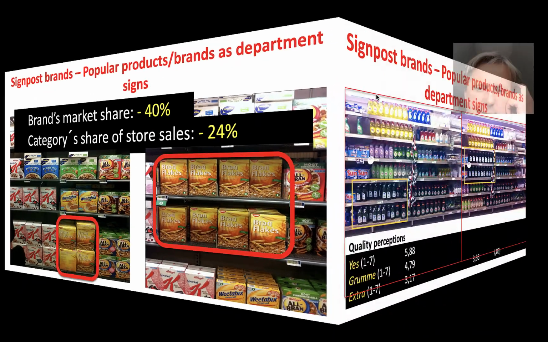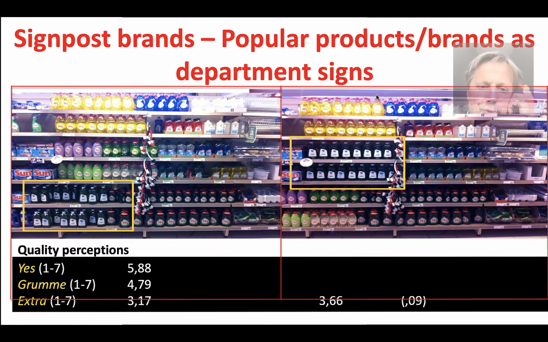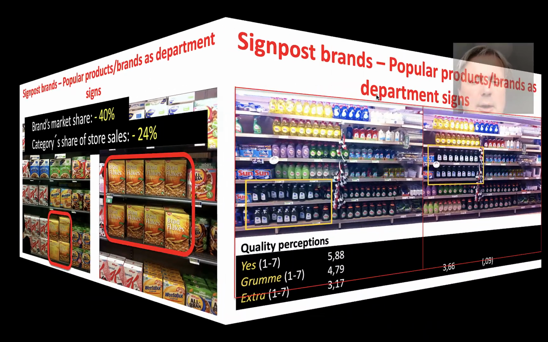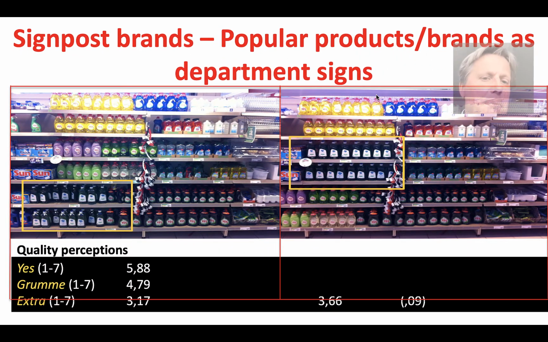Here's another example of the same thing, but it shows more the reason behind it. In this case, Yes, I think it's called Fairy in the UK, has, as you can see, the dominant space on the left-hand side, which is the before side.